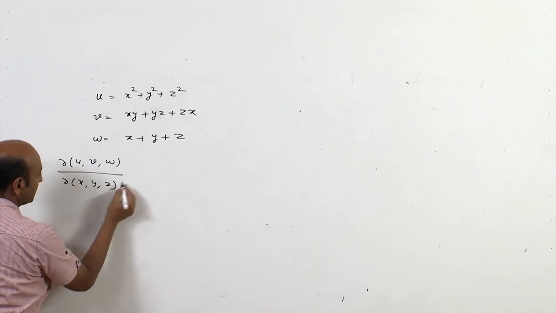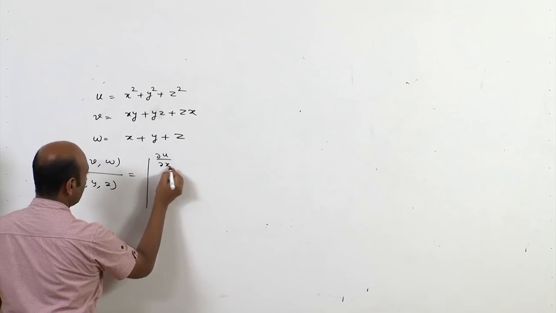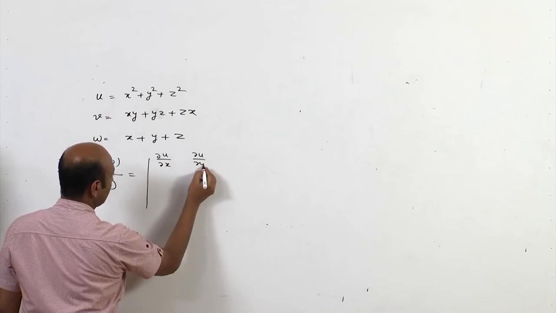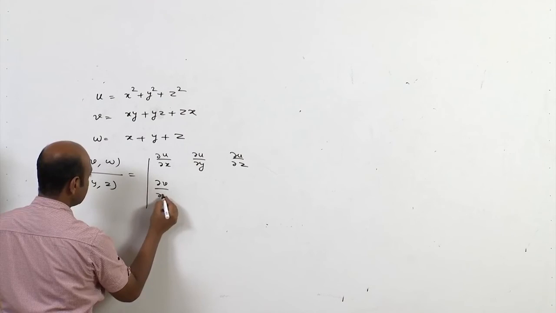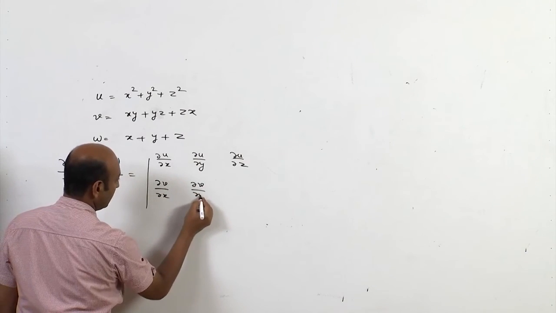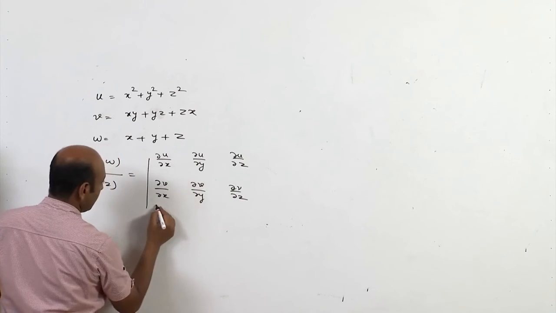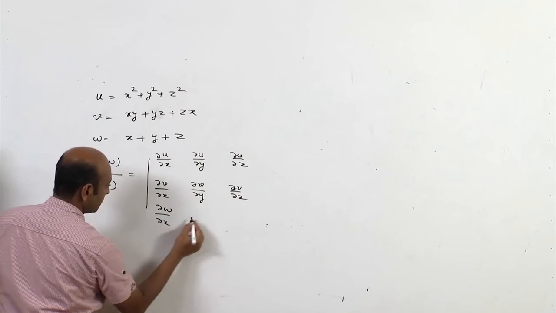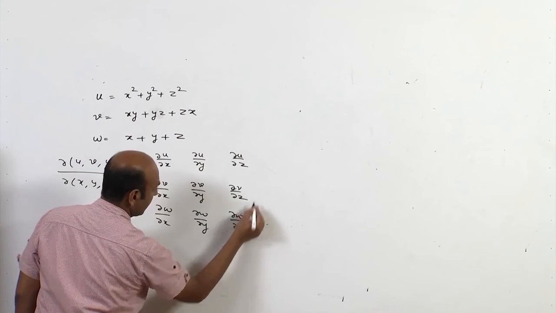So, what will be this Jacobian? This is the determinant of del u upon del x, del u upon del y, del u upon del z, del v upon del x, del v upon del y, del v upon del z, again del w upon del x, del w upon del y, del w upon del z.